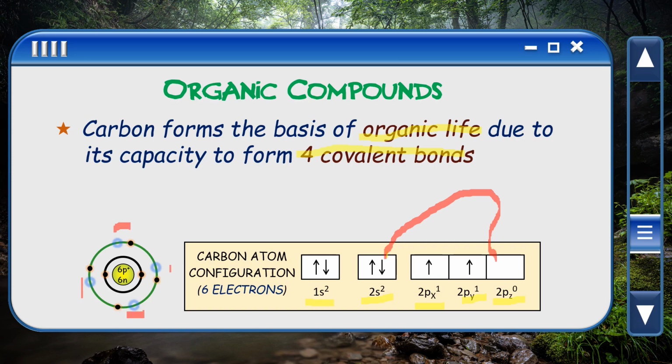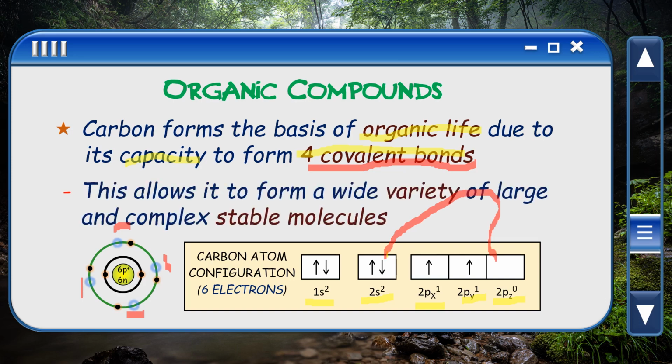Now, those 4 electrons which are not paired are the ones that it is going to use to form the 4 covalent bonds. And because of that, carbon is used as a basis of organic life, because it has the capacity to form 4 covalent bonds.